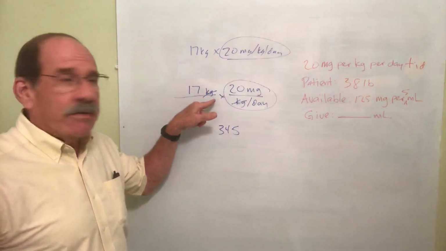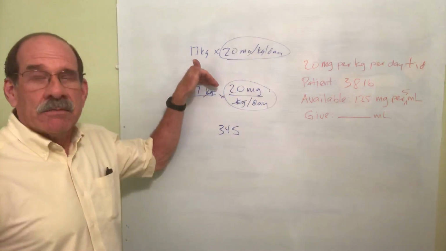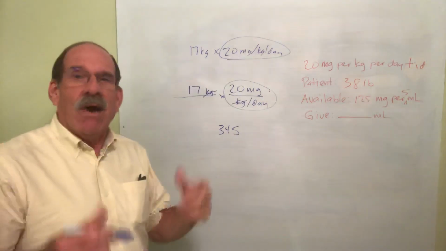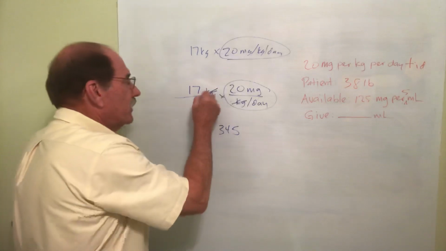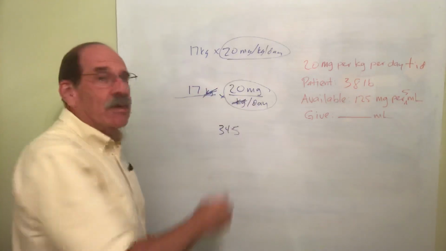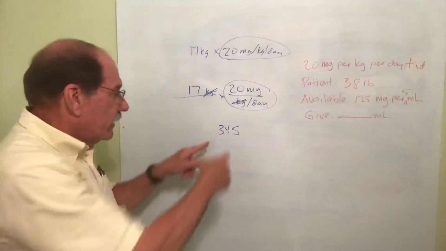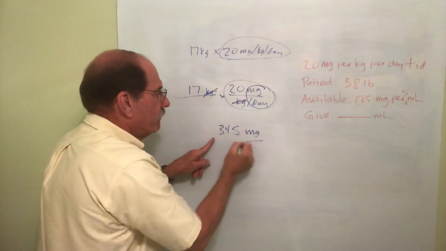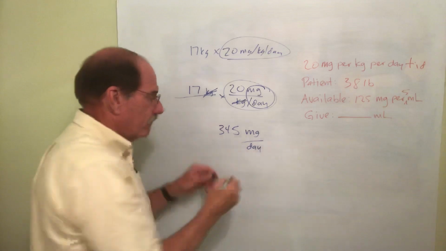That symbol, kilogram, is on the top of this fraction. You need to put it this way in order to be able to see, oh yeah, there we go. That's on top, that's on the bottom, those cancel each other out. This is therefore how many milligrams per day I give.